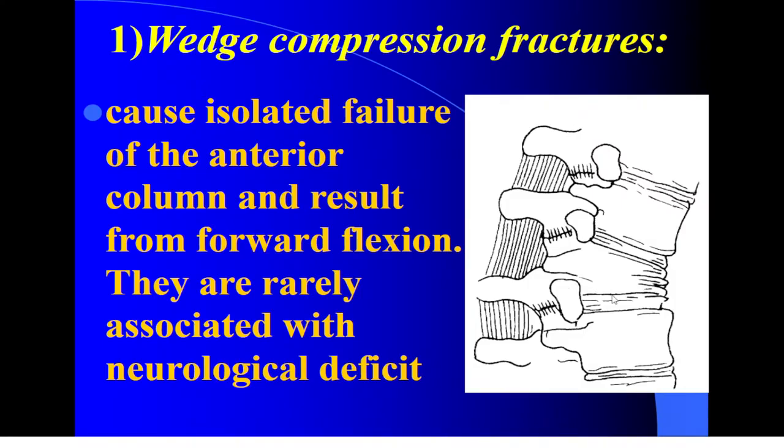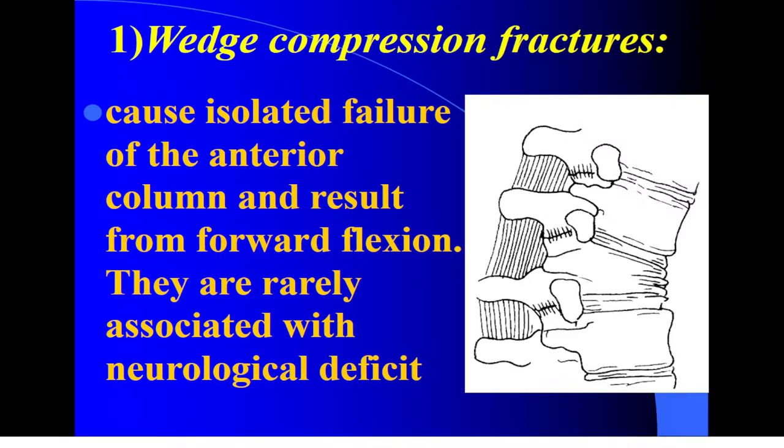As you can see, during the X-ray examination, you can find anterior compression of the vertebral body. So the anterior height of the vertebral body becomes less than the posterior one. The etiology of compression fracture is falling from a height or hyperflexion.